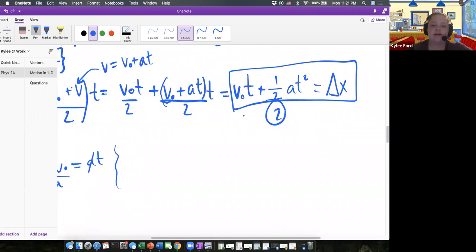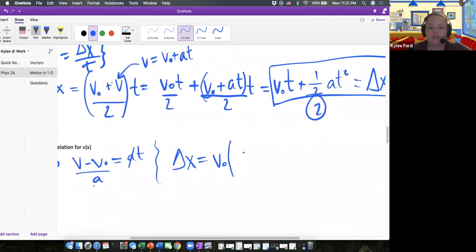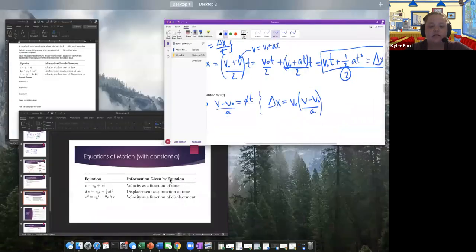So I'll do that right here. So delta x equals v naught times t, which is v minus v naught over a. That's not right. Wait a minute.